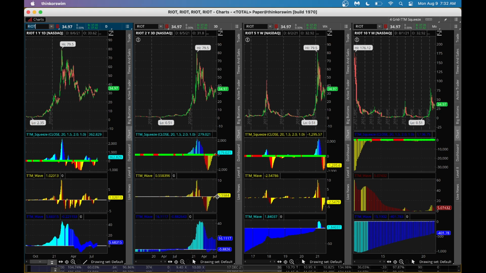It's also yellow, which indicates it's positive right now. And then we got here the longer term C wave, that's also above 0. It's dark blue, which indicates a little bit bearish, but it's above 0. It's 16.117. So with that, the coast is clear on Riot Blockchain in the 3-day chart.